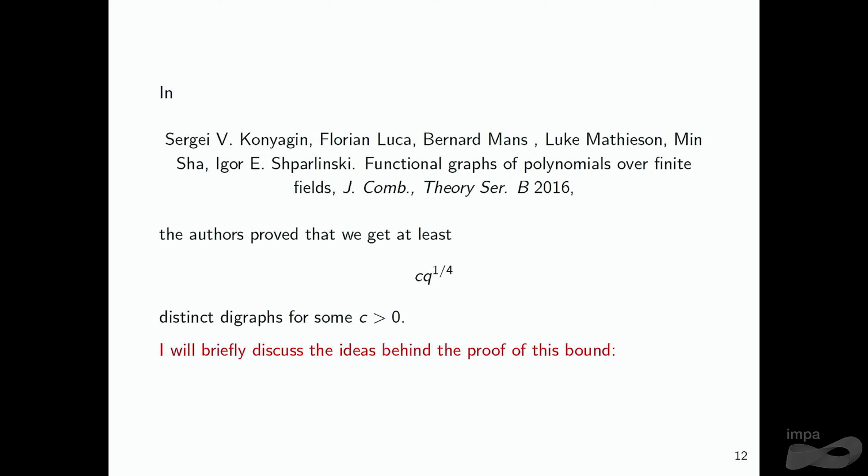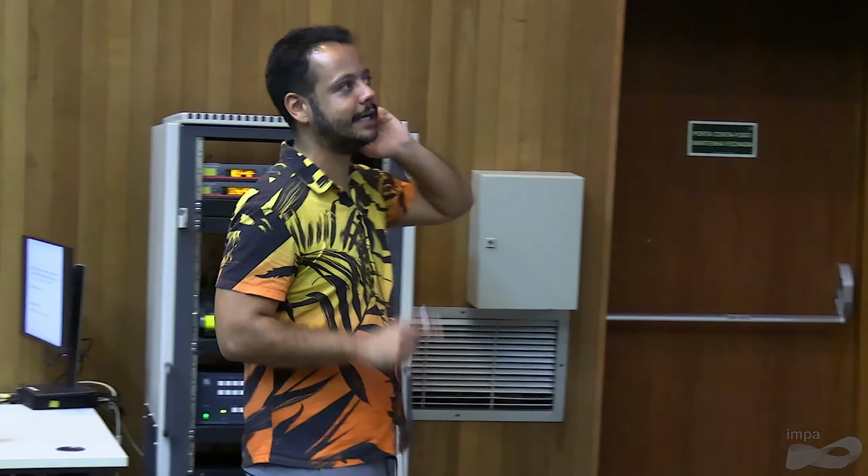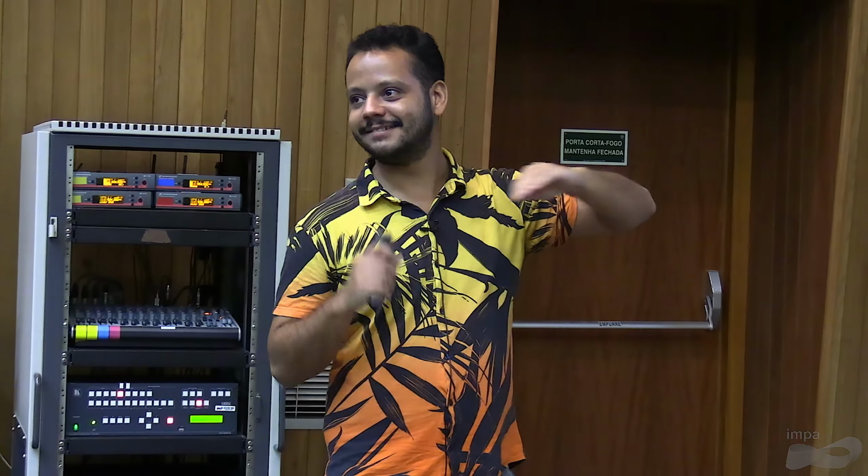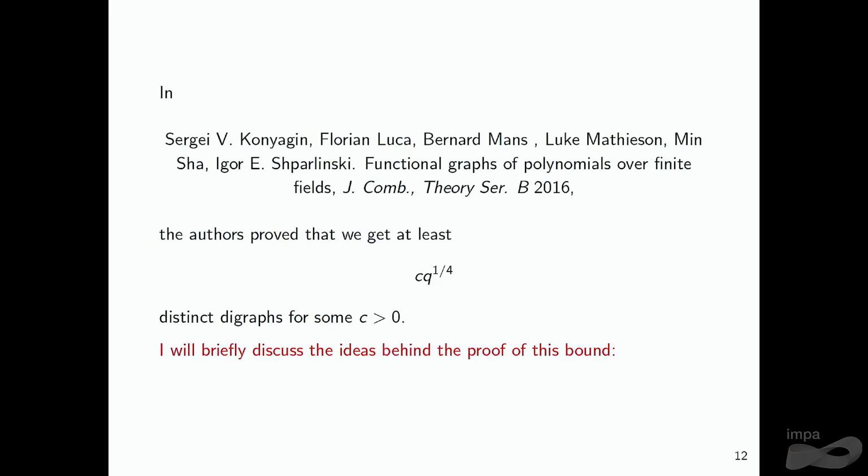I have one guess that this will go like Q over log Q. But yeah, it's a very smart idea, and the best they could get was 1/4, right? So this is pretty far from Q, right? So we don't know the right growth of this function.